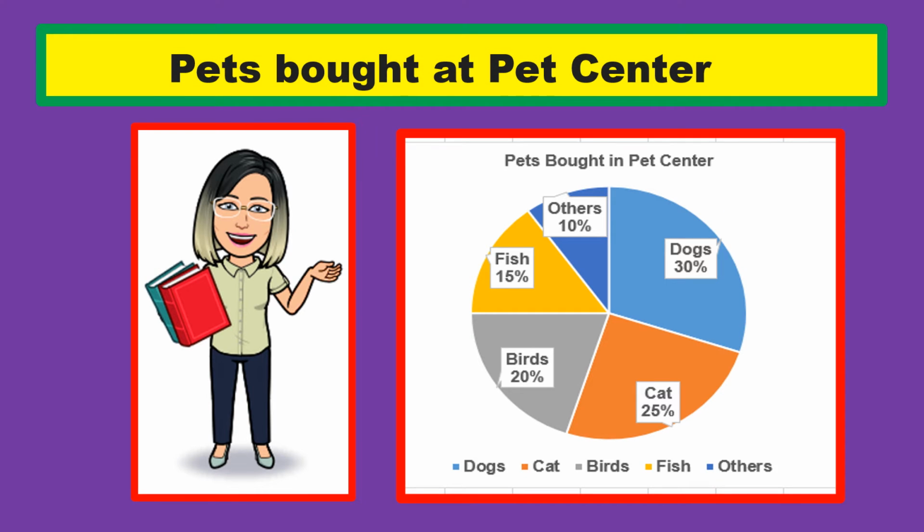So we have the pets bought at Pet Center. We have already our pie chart or circle graph. For the dogs, we have 30%, cats 25%, birds 20%, fish 15%, and others we have 10%.